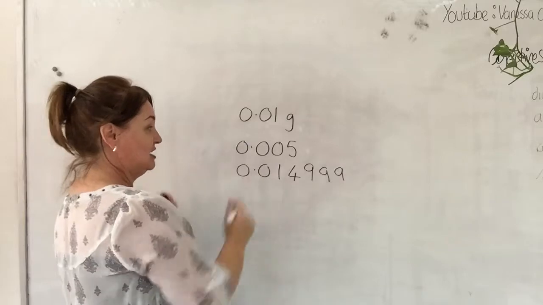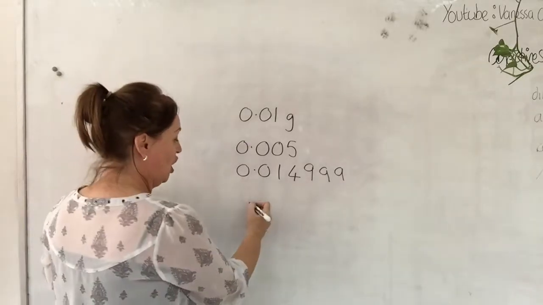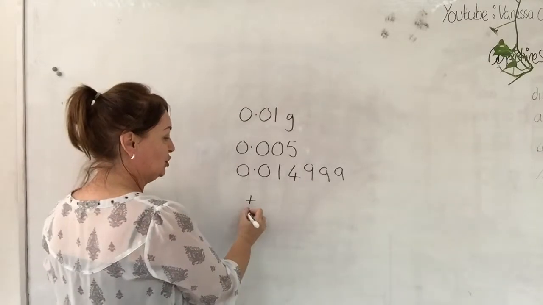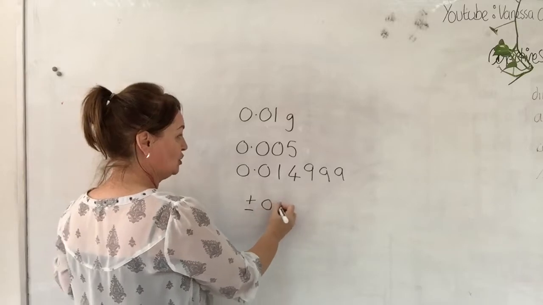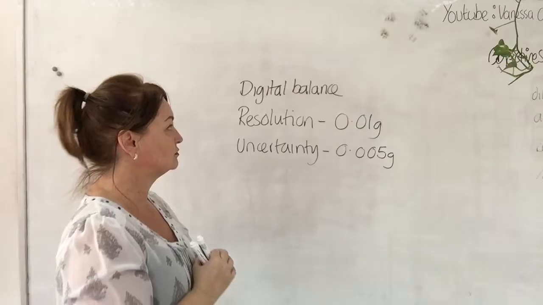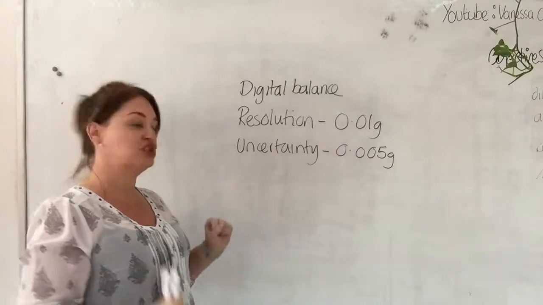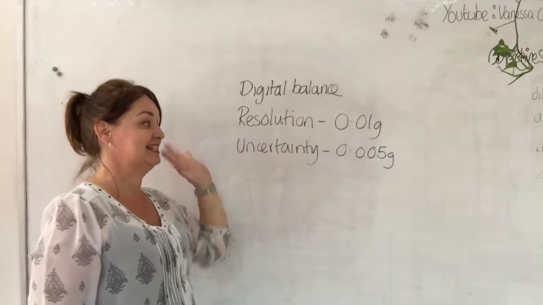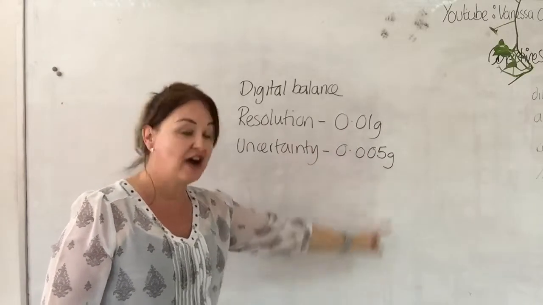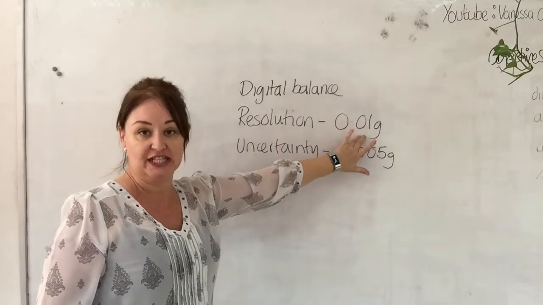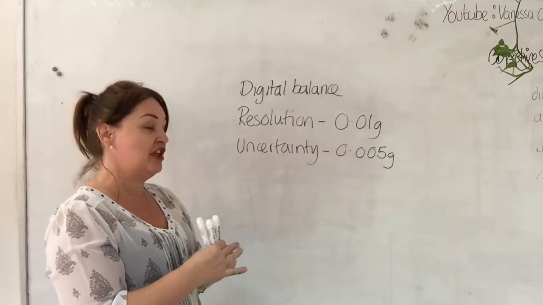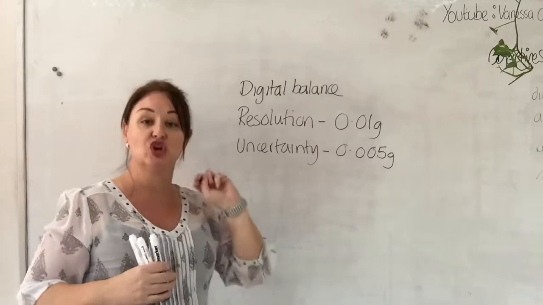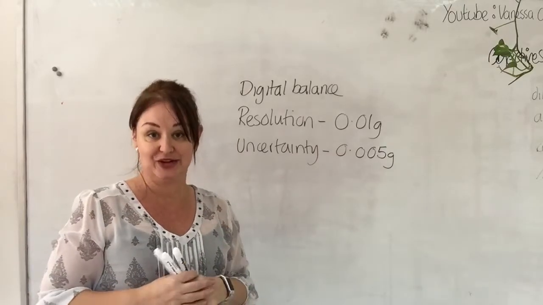So either side of that, we've got an uncertainty of plus or minus 0.005. So with the digital balance, which takes a reading, it's got a resolution of 0.01 of a gram, and it therefore has an uncertainty of 0.005 of a gram, which is half of this. So therefore, if we measure the mass before and we measure the mass after, we've got two uncertainties and we need to add those together.